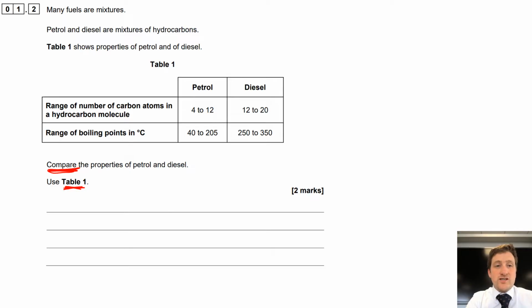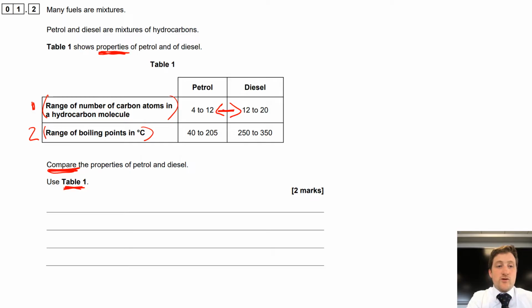Well, what is table 1 about? It tells us just above, table 1 shows the properties. That means we're going to be talking about heading number 1 and heading number 2. Now, if we look at comparing the properties, we can look at how that is different.